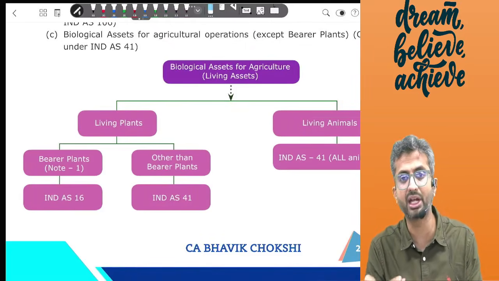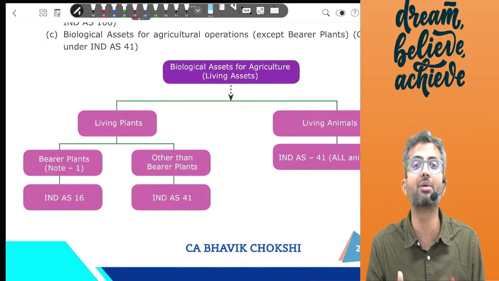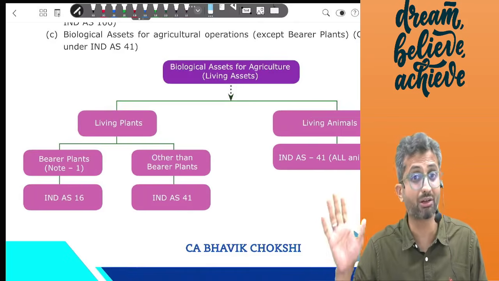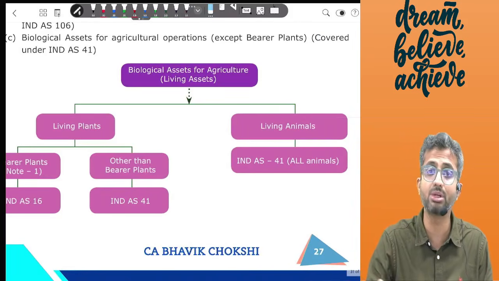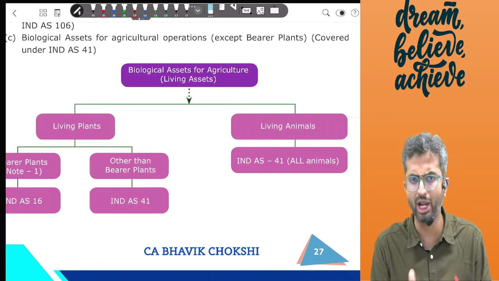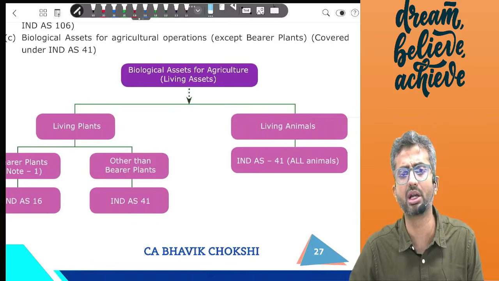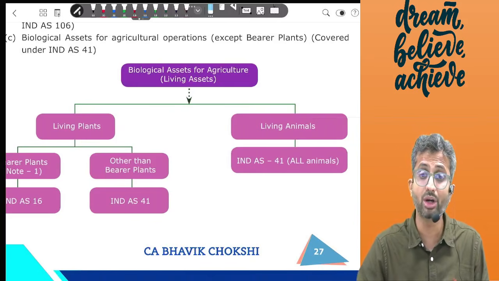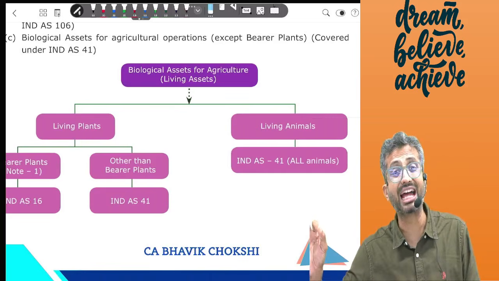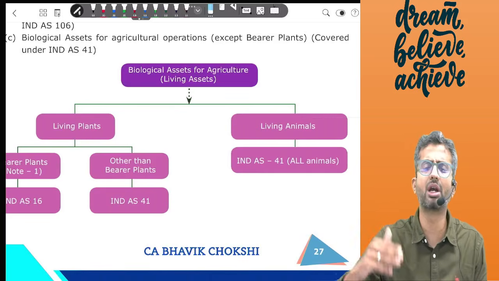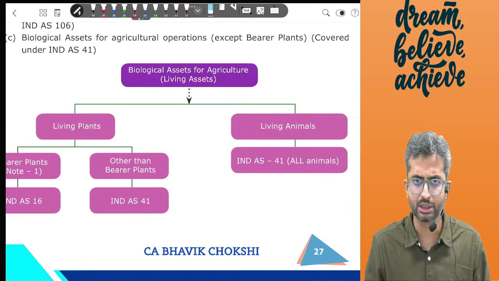So if you have a living animal like a security dog, or you are holding animals in a zoo, you are not holding them for the agricultural purpose, and hence IND AS 41 will still not apply. IND AS 41 will apply for living animals which are used for agricultural purposes. All animals used for agricultural purposes, like cattle for example for Amul, will be covered under IND AS 41. So long story short, when you look at the scope exclusion, biological assets used for agricultural purposes will be covered under IND AS 41, except for bearer plants, which will be covered under IND AS 16.